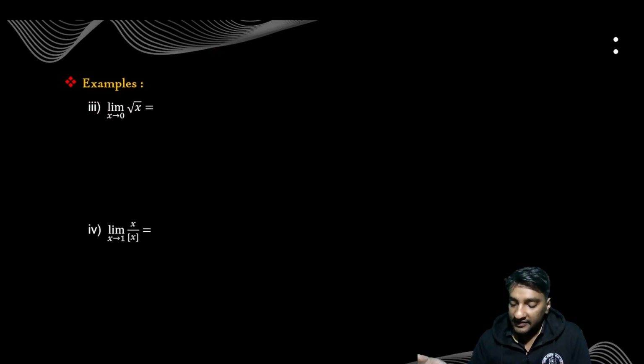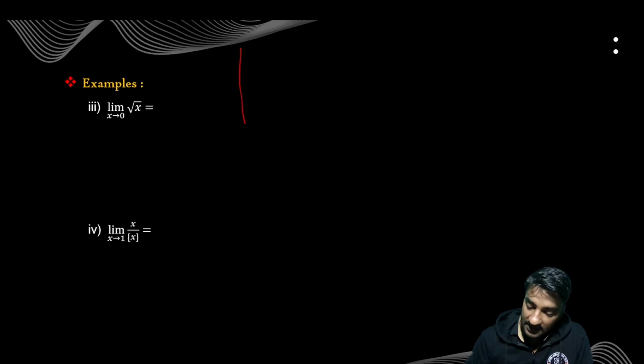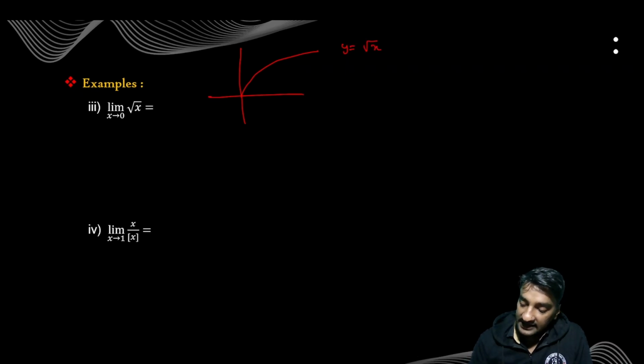Next, we will move towards another beautiful example. Here we also do it by the graphical approach. So we know that the graph of root x is defined this way. This is y equal to root x. Here we say that the function is only defined for x greater than or equal to 0, right? Therefore, we will calculate only the right hand limit.